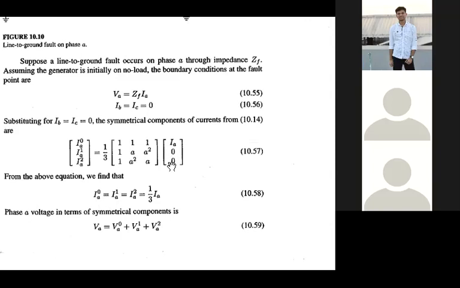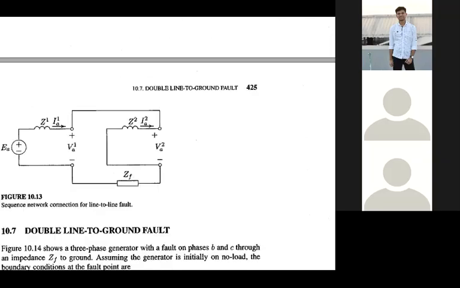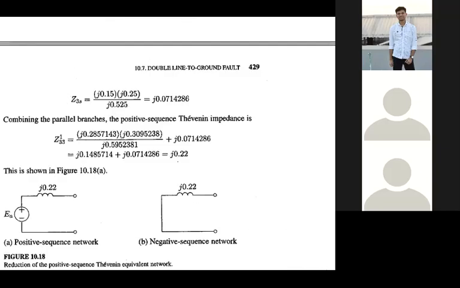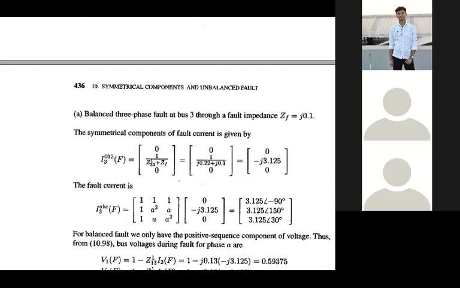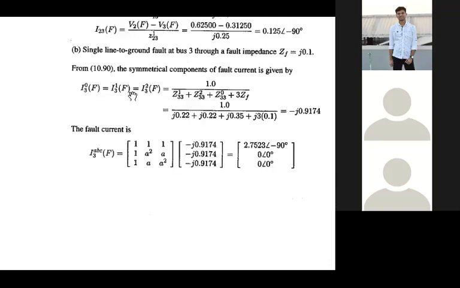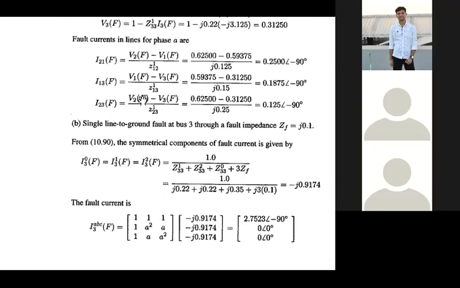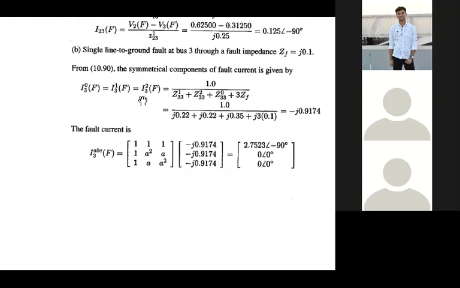This matrix will give you that I1, I2, and I3 all will be same, right? For single line to ground fault, from the I matrix equivalent, you have this relation. So now move back to our scenario. That's why you have this I1, I0, and I2 equal for the single line to ground scenario especially. That will not be same for other cases. This is only applicable for single line to ground fault case.